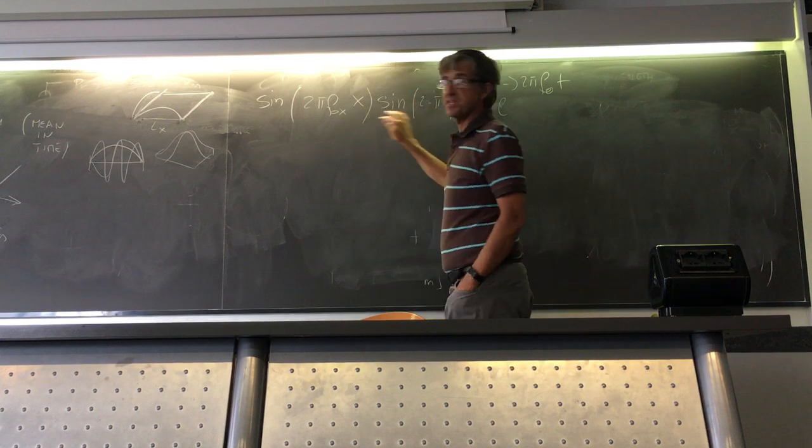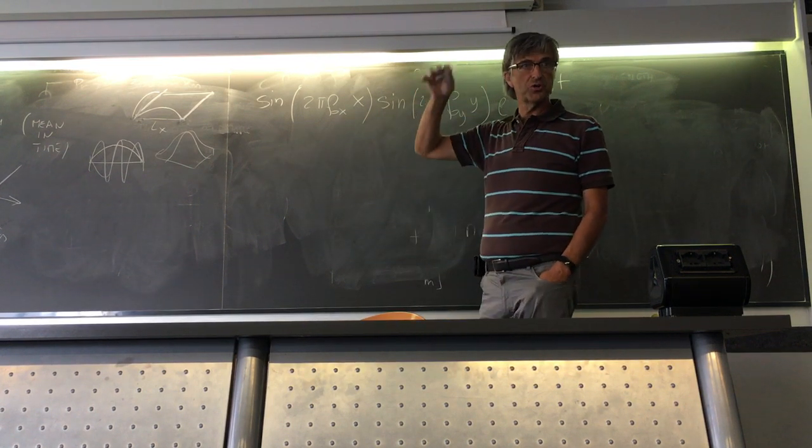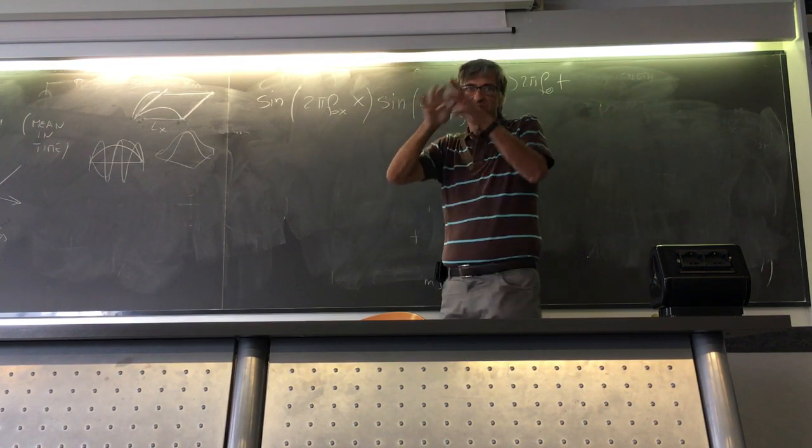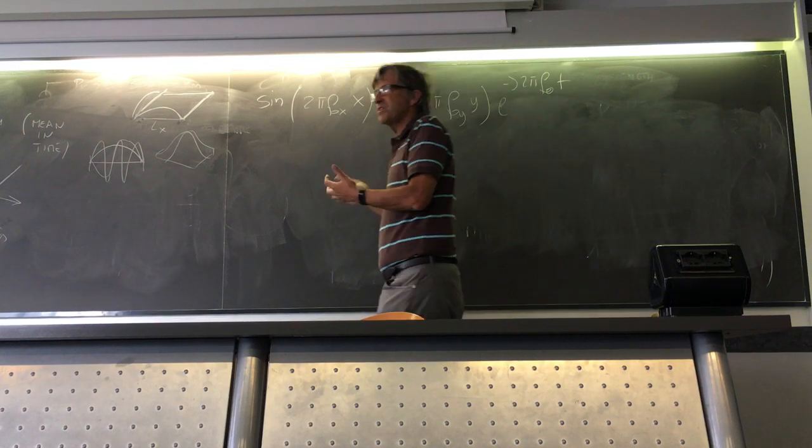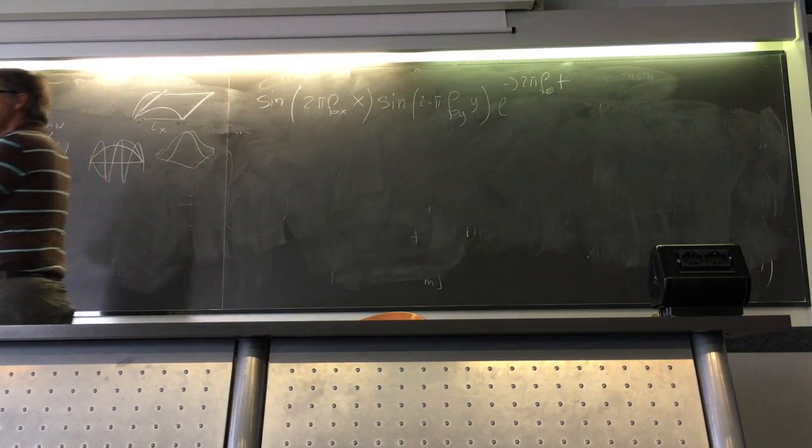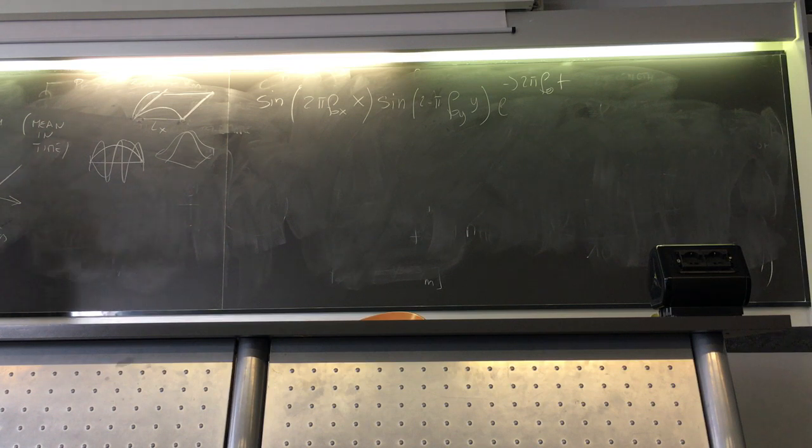This is not a sinusoid, as I've shown you. So this is not a plane wave. In fact, it's not plane at all. But it can be written as a combination of simple plane waves, because I told you any wavefront can be written in a plane.